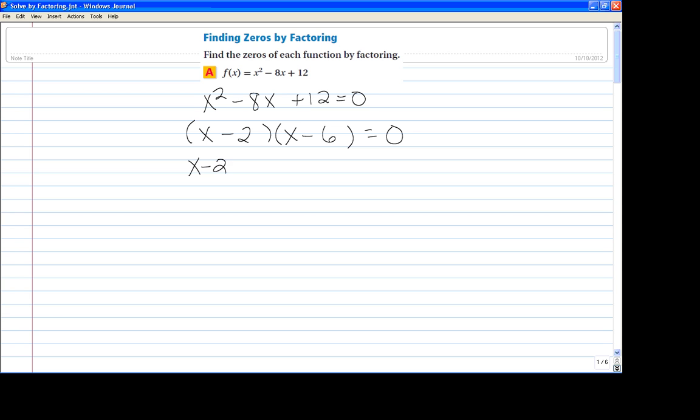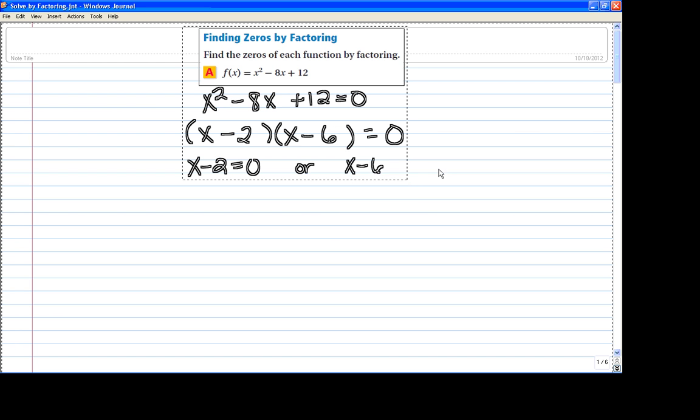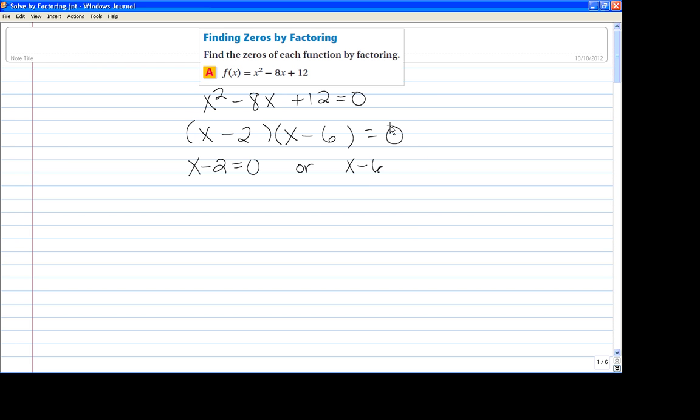So we have x minus 2 equals 0, or x minus 6 equals 0. Okay, and now I just solve each of them for x. So here I'll get x equals 2 or x equals 6.